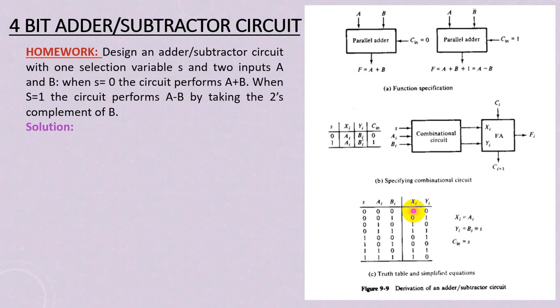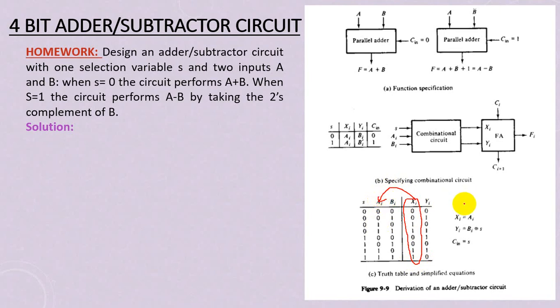Okay, x equal to a. We don't modify a in arithmetic operation. Okay, in this case, x equal to, look at over here, if I use our pen, this x equal to a, no modification.